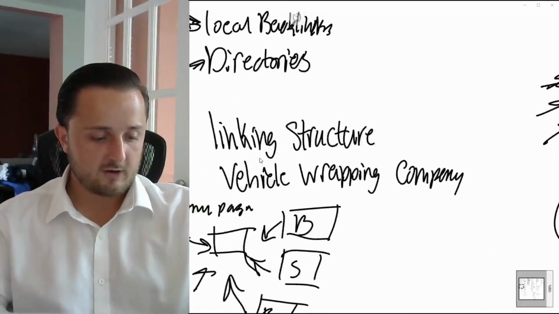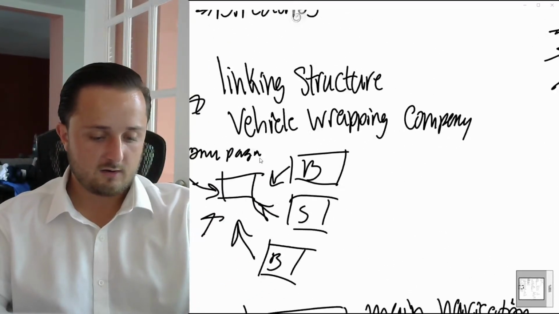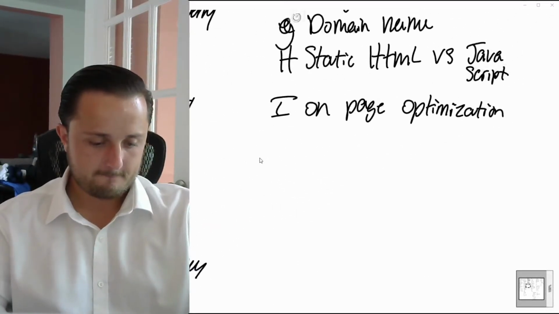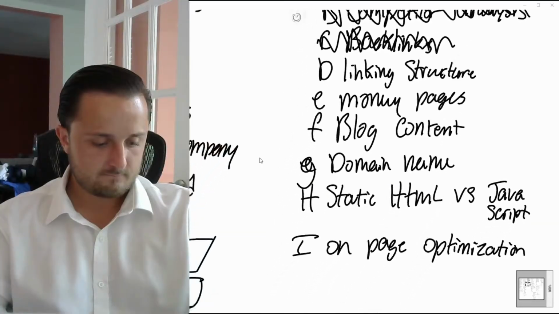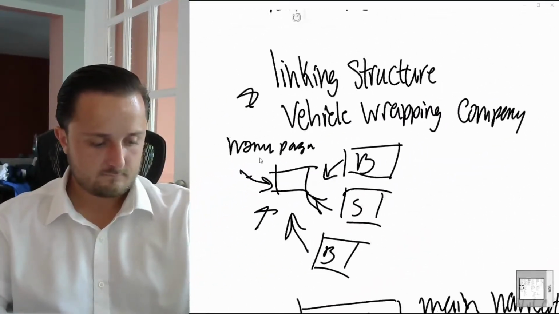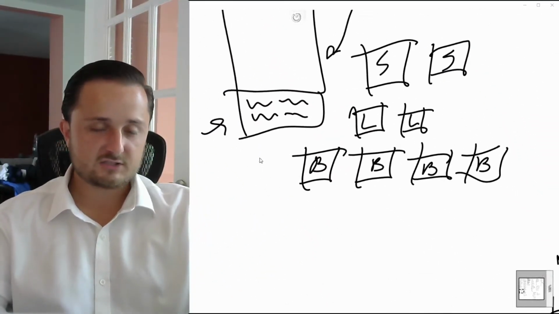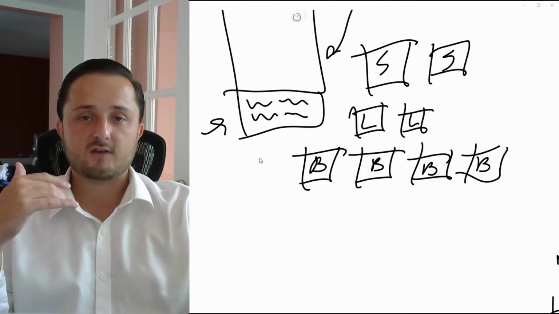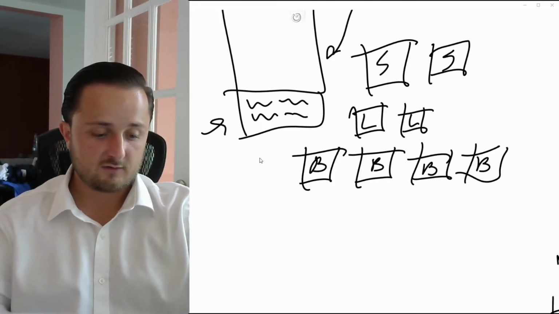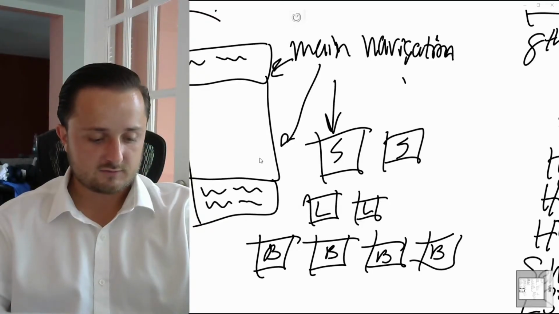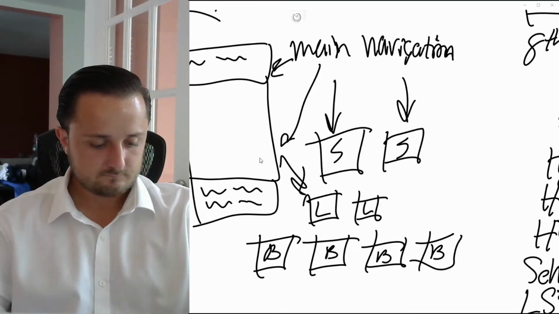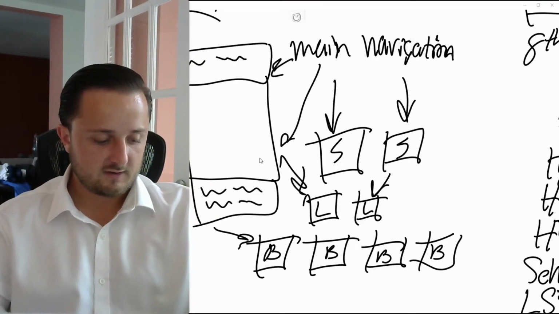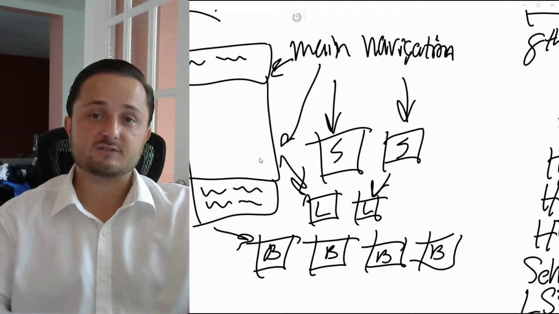Now, why we want to properly internal link our site is so that each time Google comes by and crawls our site, it's going to discover all of our URLs. It's going to discover all of our service pages. This is also going to help with getting our pages indexed.